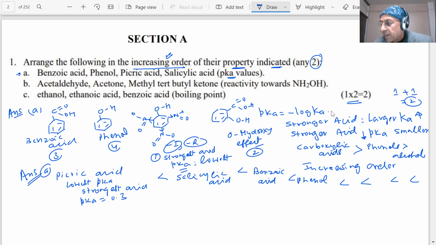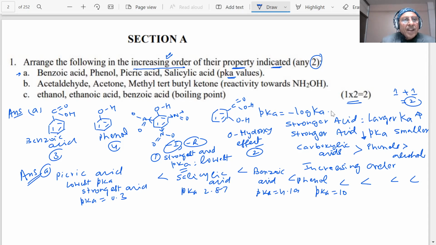And after that, the salicylic acid has a pKa of around 2.87. If we will check in the books the values, and benzoic acid has pKa of 4.19, and phenol pKa you already know, because this is a very important compound, is around 10. Phenols are more acidic than alcohols, you know about that. So this is very clear now. This is the answer for A.